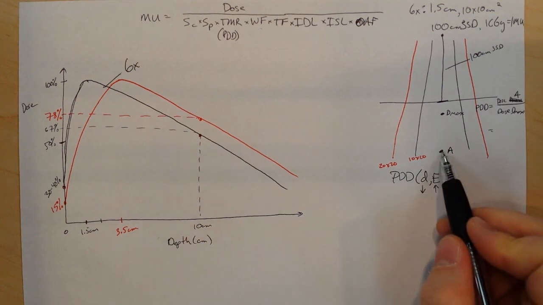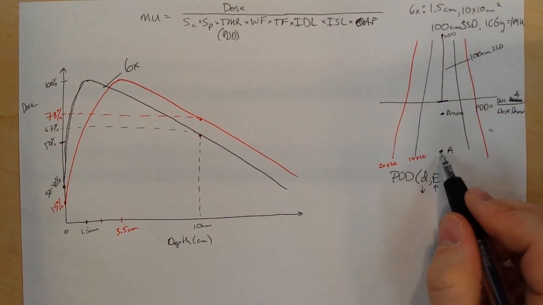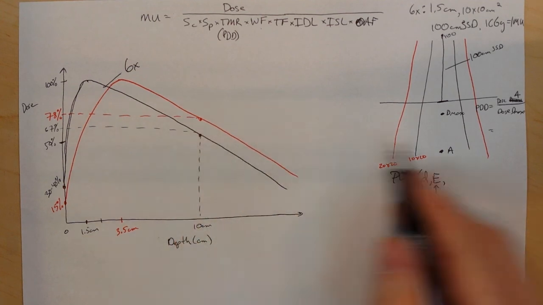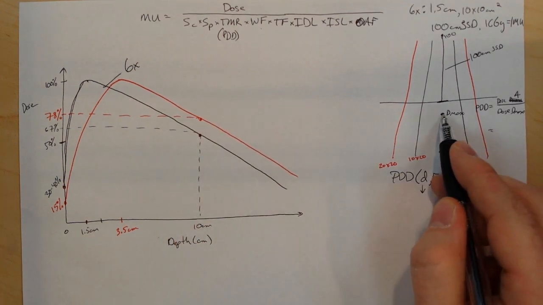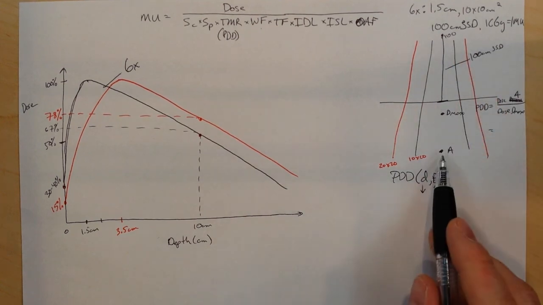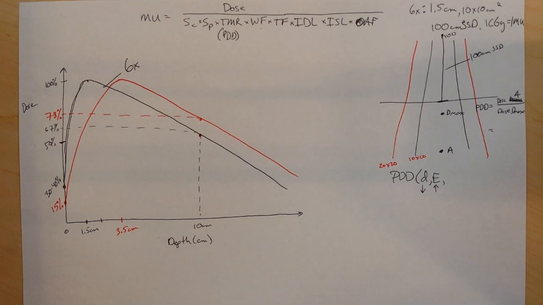What happens to the dose at point A? If I had 100 monitor units delivered through here and I figured out my percent depth dose for the 10 by 10 field size and it's 67%, I'm at 67% of the dose compared to Dmax. If I deliver that same 100 monitor units, am I going to get a larger dose or a smaller dose at point A? I'm going to get a larger dose.